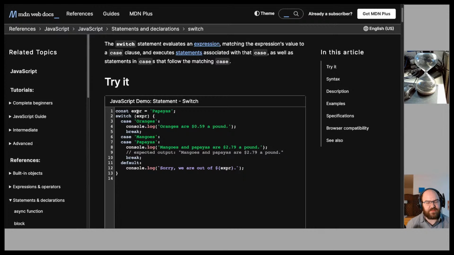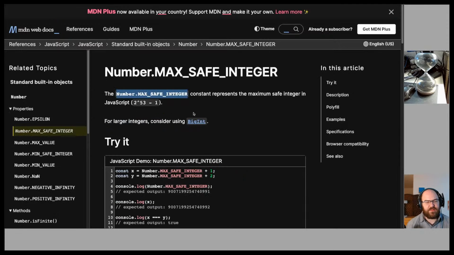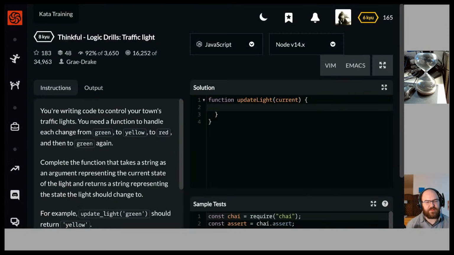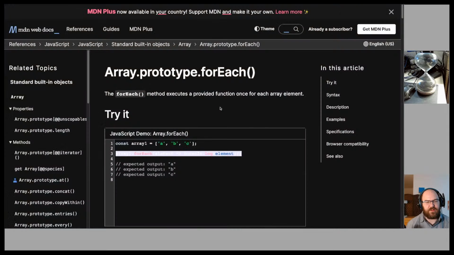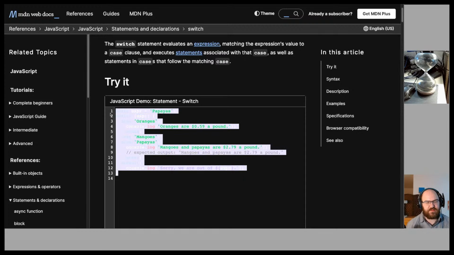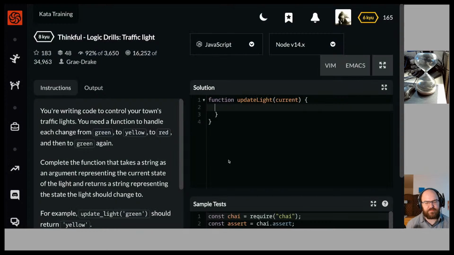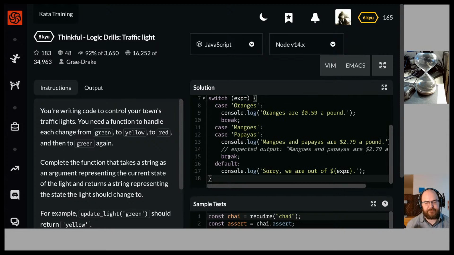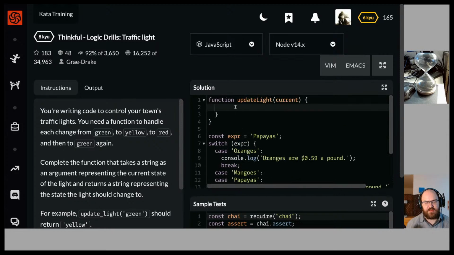So constant expression equals papayas, switch expression, case oranges, and so on. So, oops. Okay, there we're back. I already forgot the syntax. Let's copy this example down. So expression is the current.